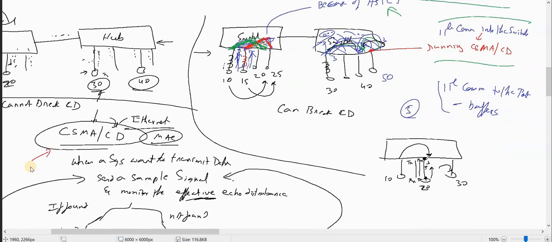So any transmission done from this switch port to the NIC card happens on this wire, and any transmission from the NIC card to the port is happening on this wire. Separate wire is being used. That's what makes it full duplex. You have 8 pins, right? So if that is the case, I don't have any collision happening.